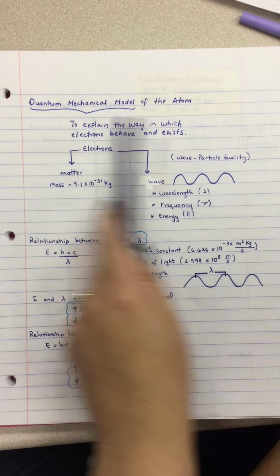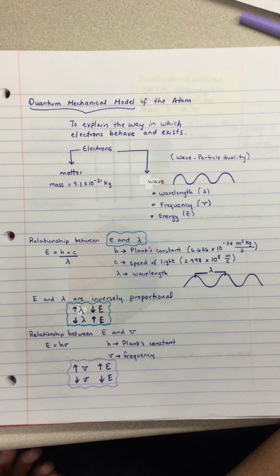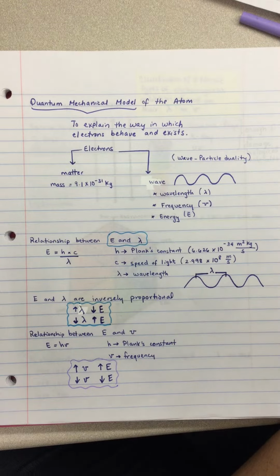So the quantum mechanical model of the atom, it's a mathematical model, and it's used to explain how the electrons exist and the behavior of the electrons. So the electron can be described using properties of matter and also using properties of waves. And we have this wave-particle duality.